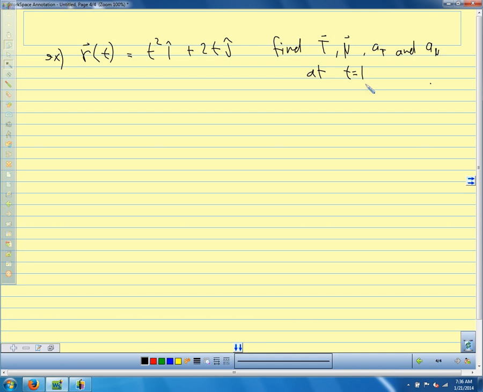So we need to find some derivatives. We need r prime. So r prime is going to be 2t i plus 2 j. And the magnitude of r prime is the square root of 4t squared plus 4.